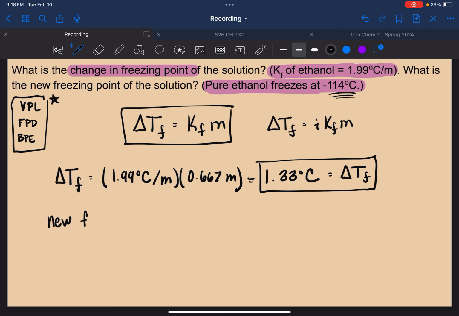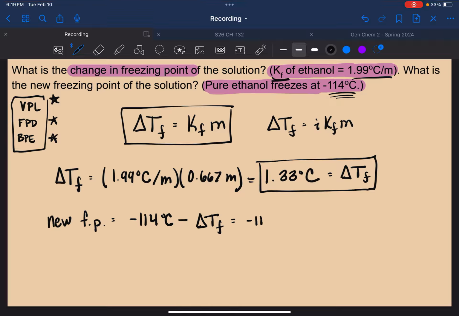So you have to remember that the new freezing point is equal to whatever the old freezing point was, minus the delta T that you calculate. And I will always give you these constants as their positive values. That's the format that I like in the books I use. I think it's better to remember the direction of the colligative property than it is to rely on your almanac, including the directionality for that constant, because in my experience, some do, some don't.